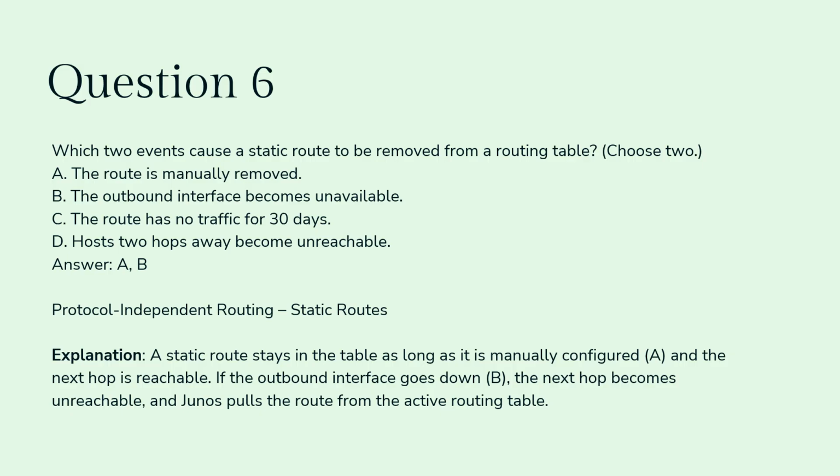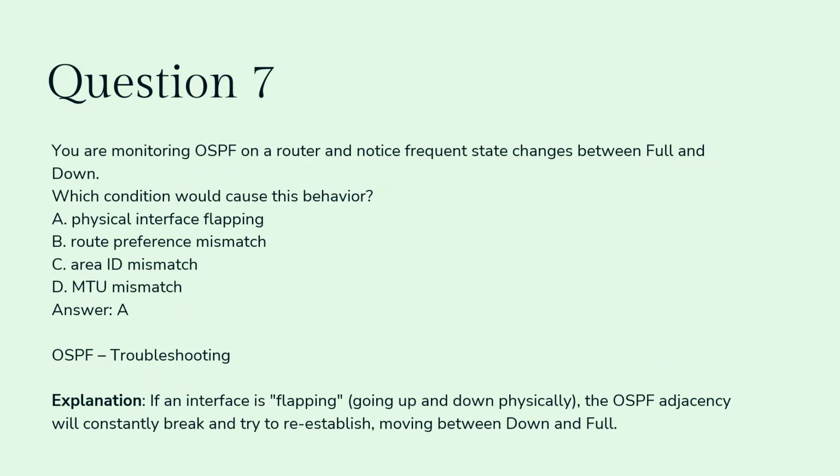You are monitoring OSPF on a router and notice frequent state changes between full and down. Which condition would cause this behavior? A. Physical interface flapping. B. Route preference mismatch. C. Area ID mismatch.